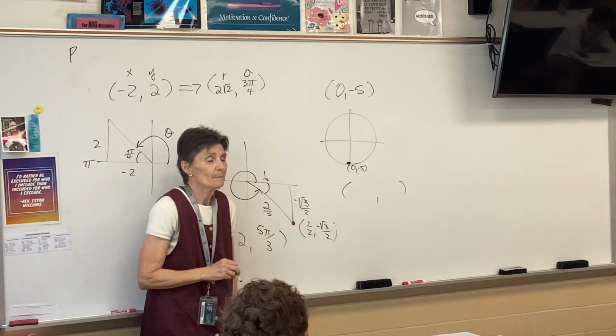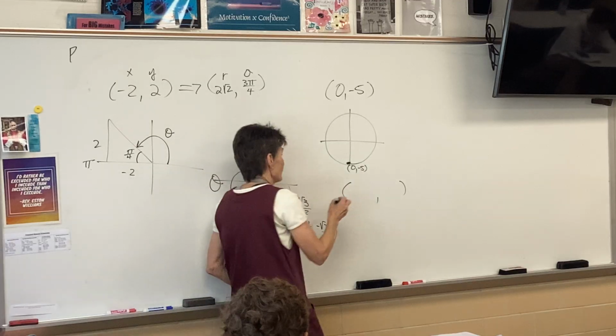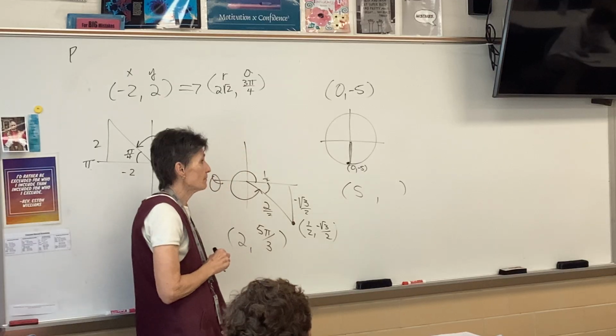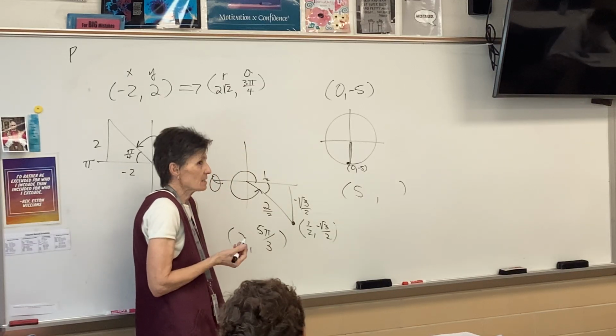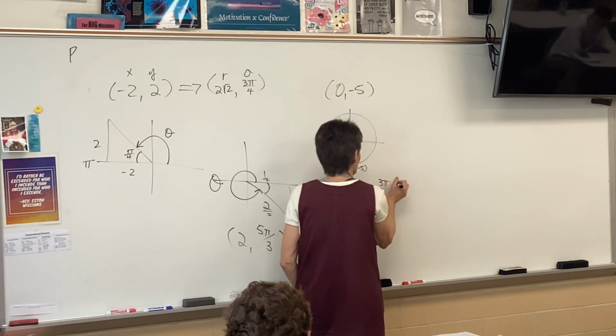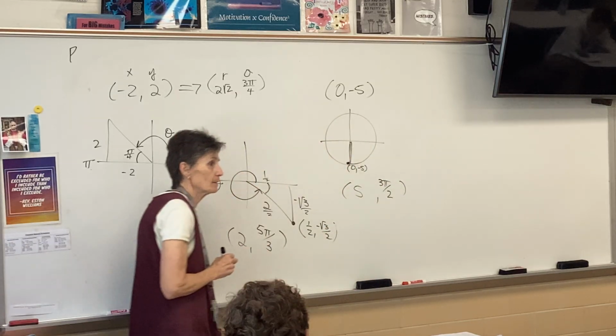What's your R? 5. Your R is 5. That's your distance from the pole. What's your theta? This is an easy one. Theta is 3 pi over 2. Very, very good.